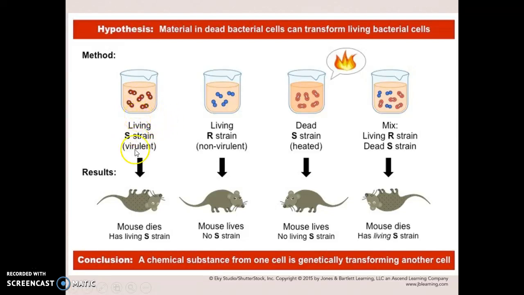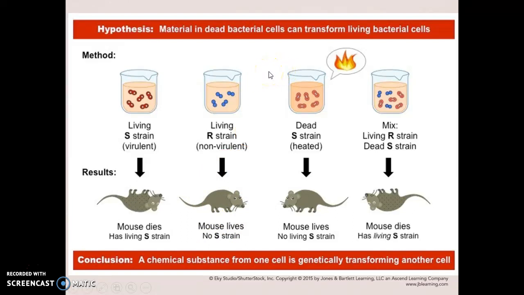When he infected mice with these S bacterial cells, the mice got sick and died. Here we have the same species, but these are called the rough, or the R strain, of the streptococcus. And when he infected mice with the R strain, the bacteria did not kill the mice.